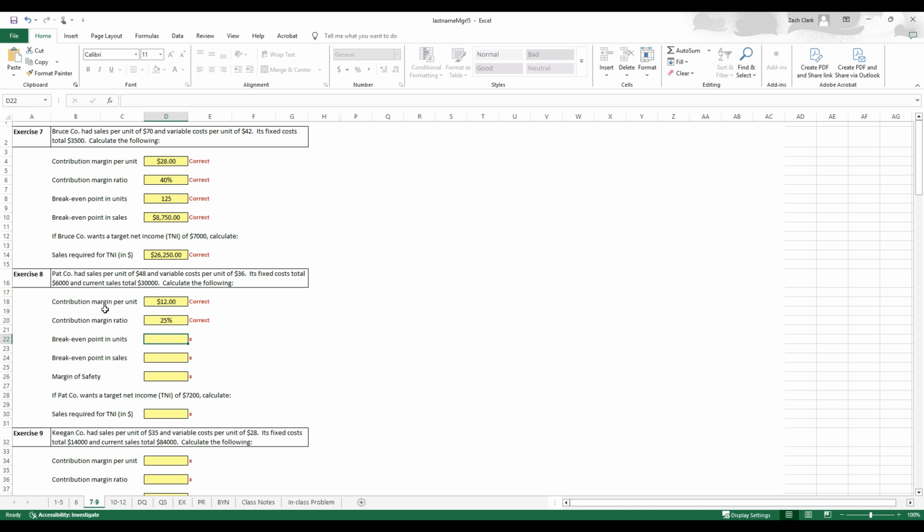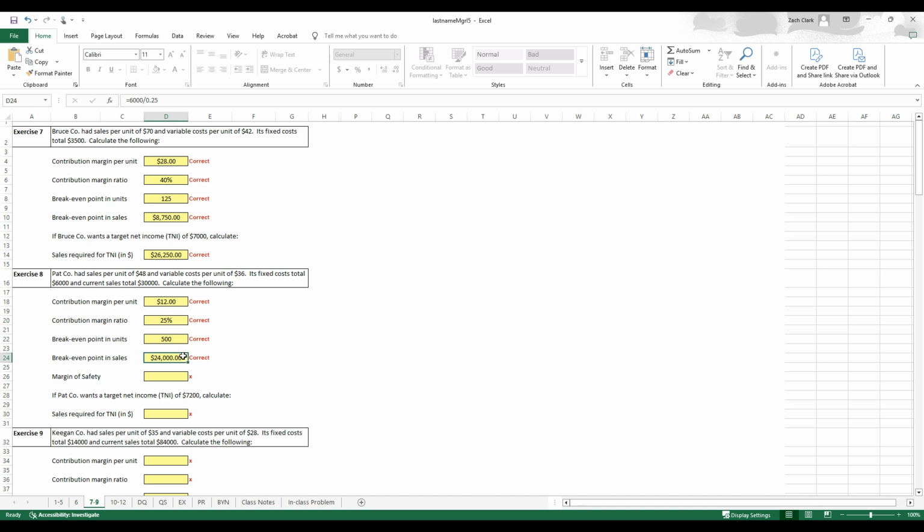If we want to cover our fixed costs, then our break-even point, we have $6,000 in fixed costs divided by the contribution margin per unit. So 500 units we need to sell. And then in total sales, again, we just take the 6,000, but we divide it by 0.25 or 25%.